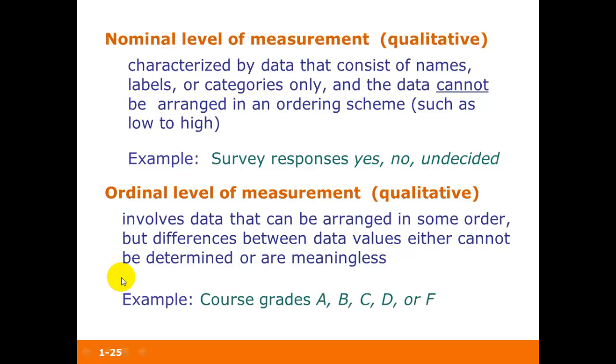An example of this would be course grade in letter form. So A, B, C, D, or F. Now we can arrange that in order from best to worst, and that has a meaning. But we can't tell, for example, the actual percentage difference between someone who has an A and someone who has a B without getting more information.